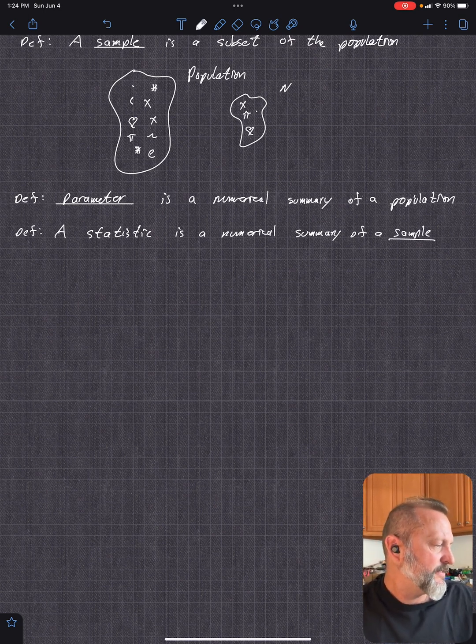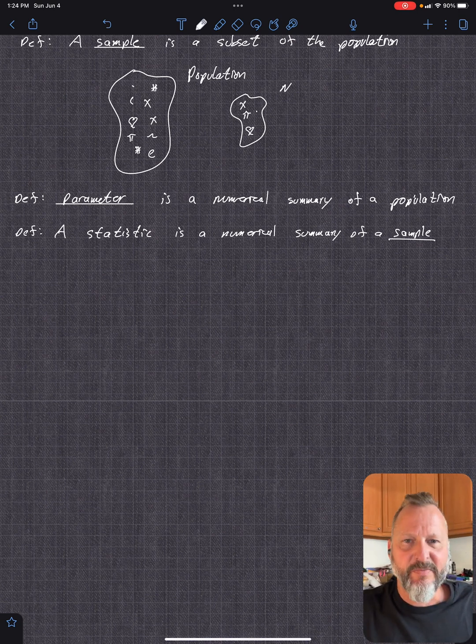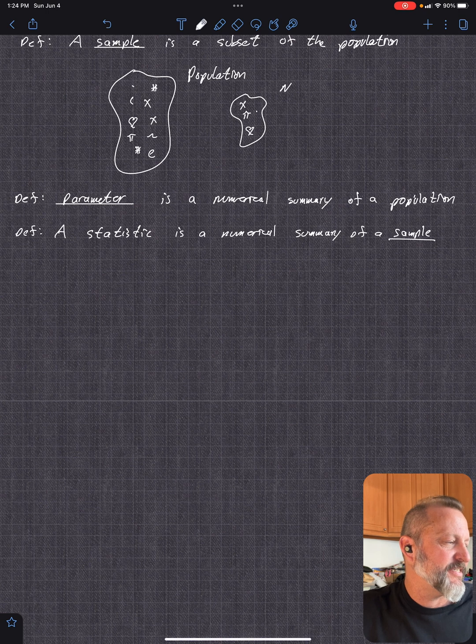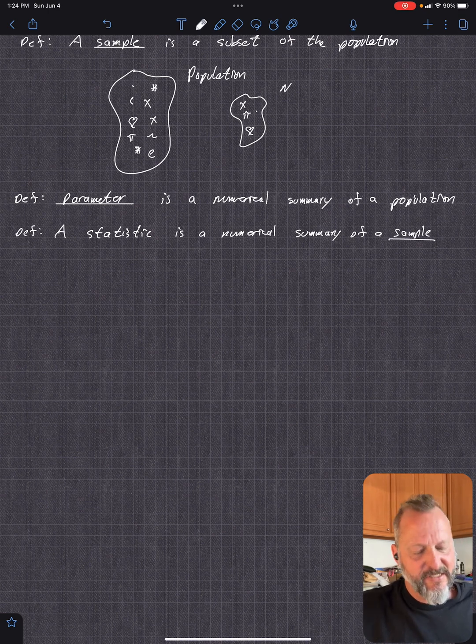And frankly, I've seen different books define statistics in different ways, but this is a statistic.